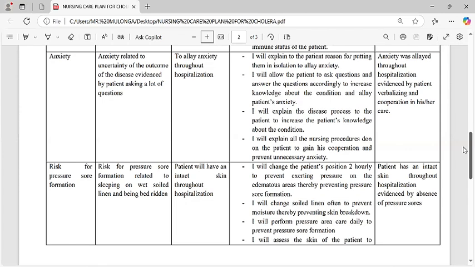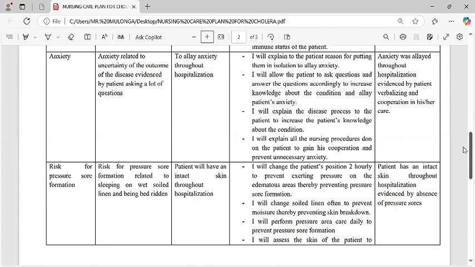anxiety. So from anxiety, now we move to our nursing diagnosis. So anxiety related to uncertainty of the outcome of the disease, evidenced by the patient asking a lot of questions. So this anxiety can be related, number one, to the uncertainty of the outcome of the condition.